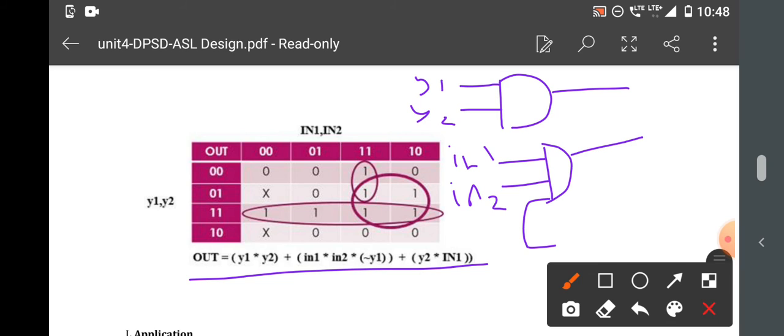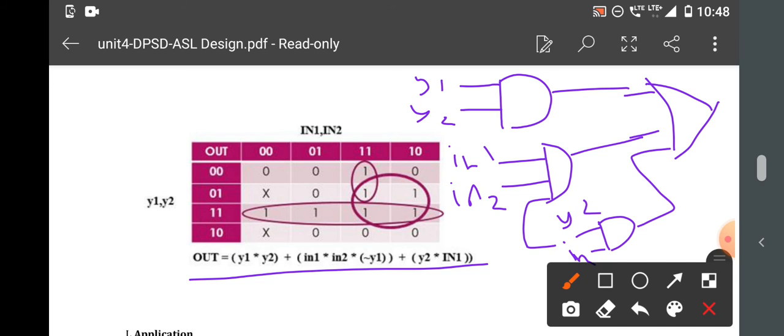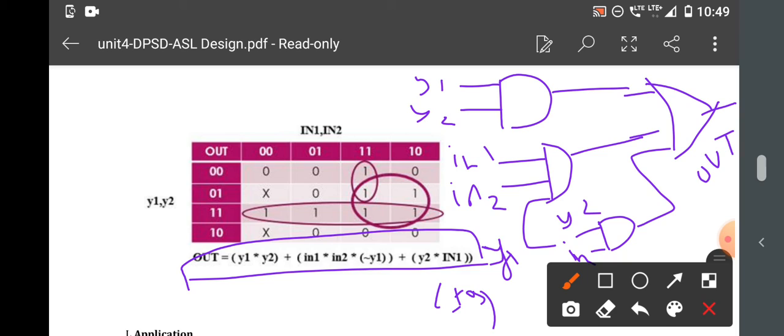You have one more circuit which has Y2 and IN1, given to the OR gate. And this is the feedback element which we obtained from Y1, small y1. This is a feedback, and this is the final output, OUT. This is how we draw a sequential circuit from the synthesized state equation.